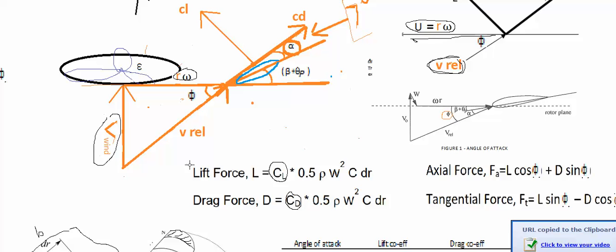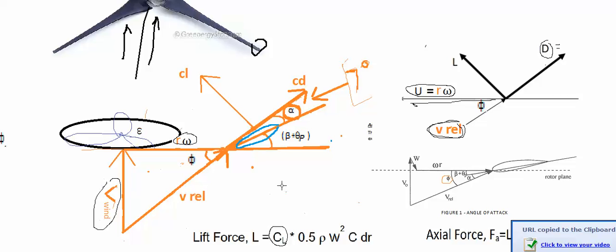Now in the next video, we'll calculate the force. We'll calculate the tangential force, because that is the force which will give us power. Now what is tangential force? Essentially, tangential force is the force in this direction, I mean the direction of the linear velocity of the blade.